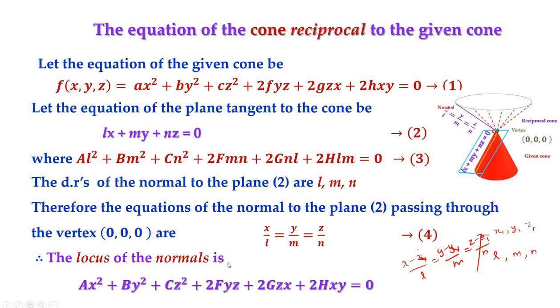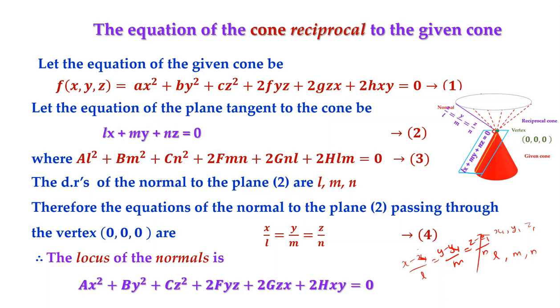Now we want only the locus of the normals. So in this case you can replace these x, y, z by x1, y1, z1, and equating that to some k, your x1 will be kL, y1 will be kM, and z1 will be kN.